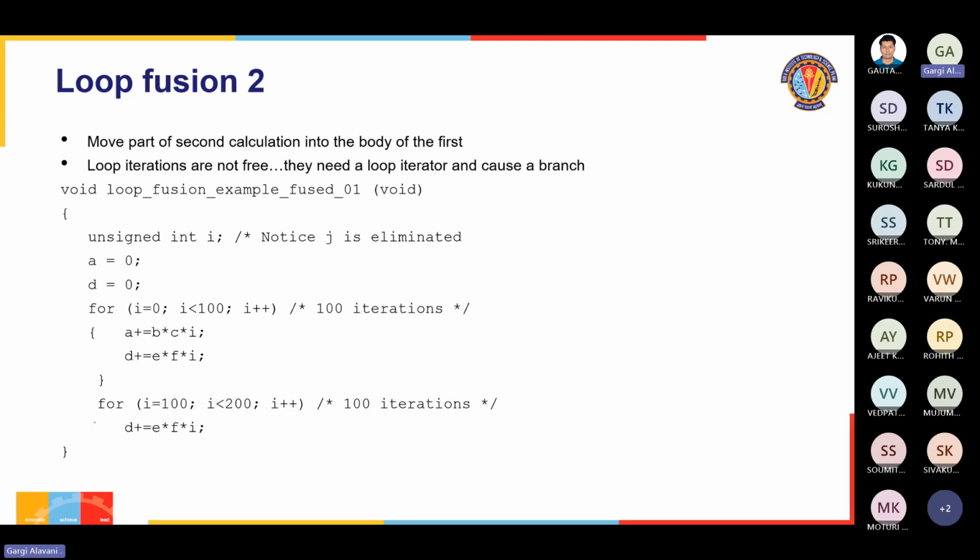Can you think of something better than this? Next would be to fuse both of them together and have a conditional check inside the for block for computation of A. If that index is less than 100, then only A will be computed.